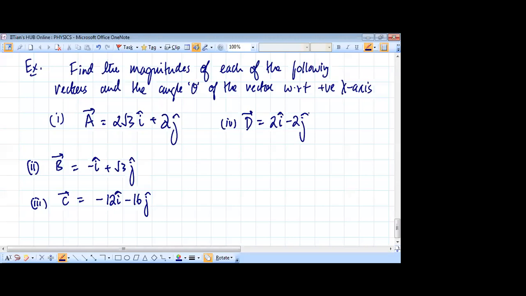For the first one, the angle is correct. Yes, Dipanshu, second one also angle is correct. Okay, correct, Diti.